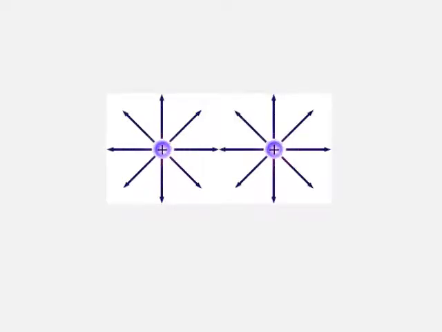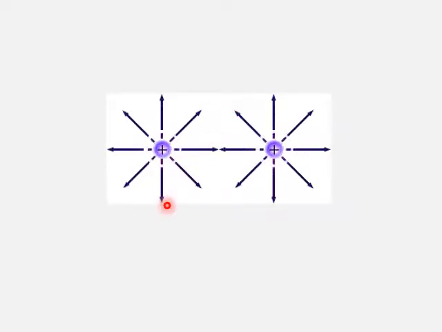Now let us consider a situation in which we have a positive point charge placed close to another positive point charge. Now we know that both have the same amount of electric field, and place a charge somewhere here, or maybe here, or maybe here.